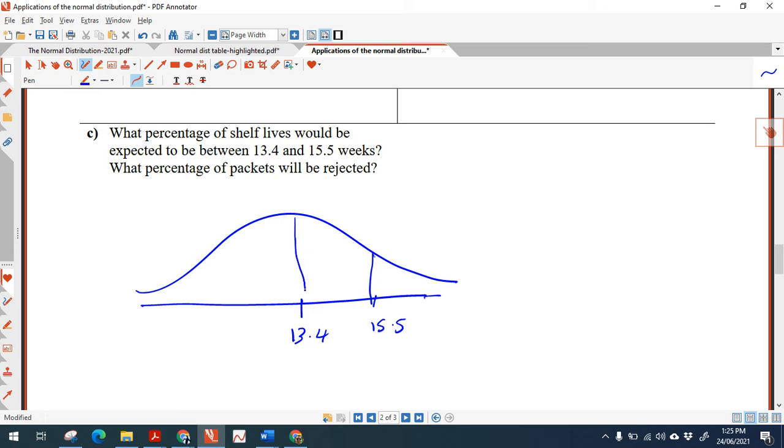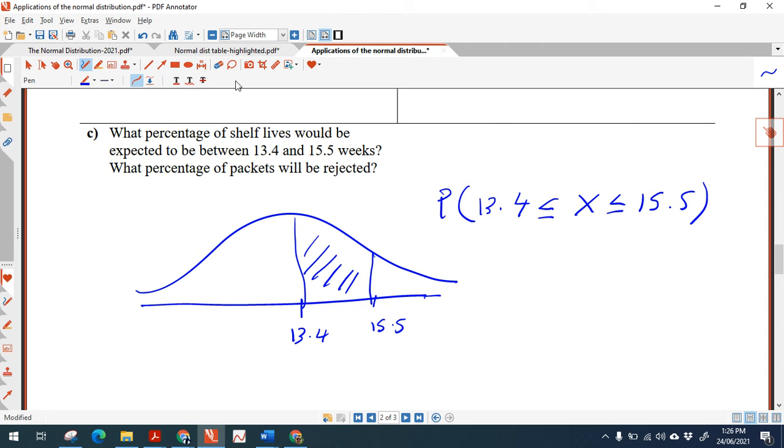So this is the region that we want. Let's draw a line down the middle there. So I want that region there. So in other words, I want the probability that random variable x is between 13.4 and 15.5.